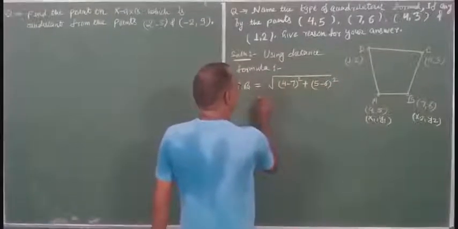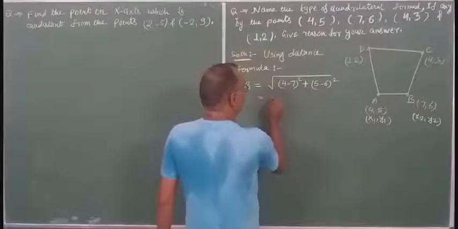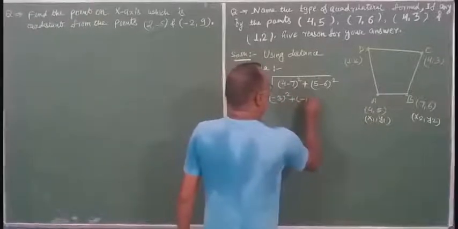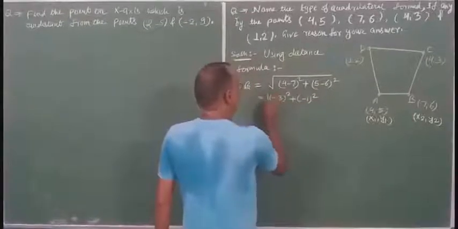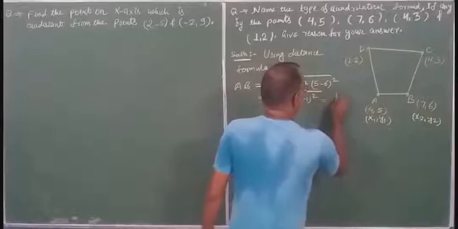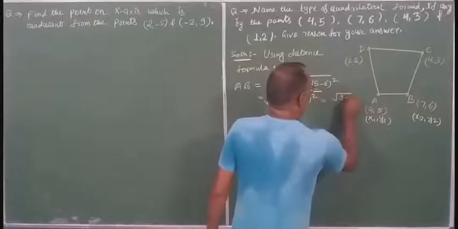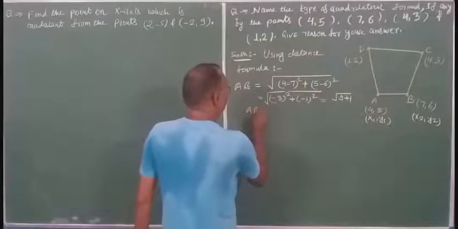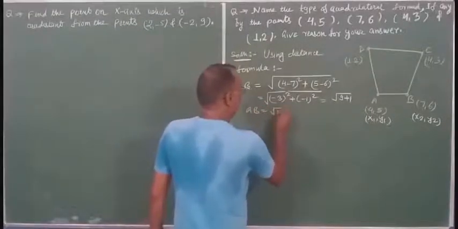So 4 minus 7 is minus 3 square, or minus 1 square. So this will be under root 9 plus 1. And what is the length of AB? Under root 10.